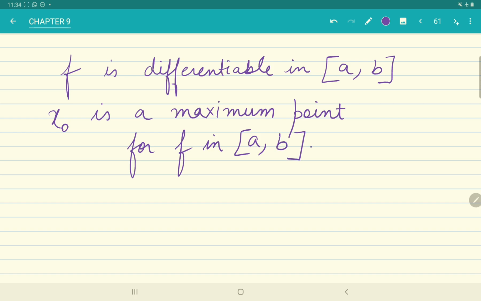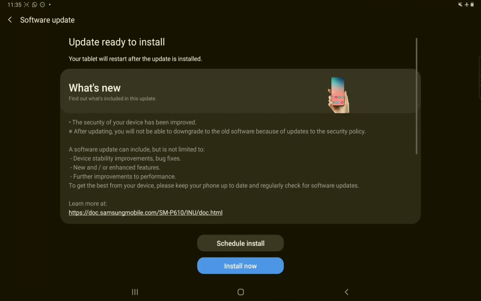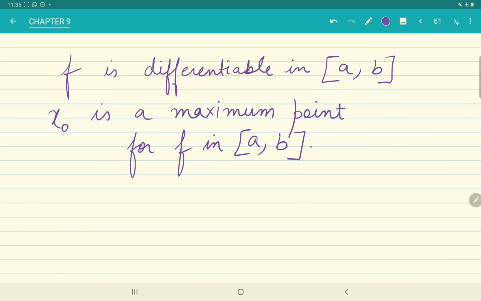What I mean to say here is that the function f attains its maximum value at x0. I know that the function is differentiable in this closed bounded interval. That just means that the function attains its maximum value at x0 in this interval AB.